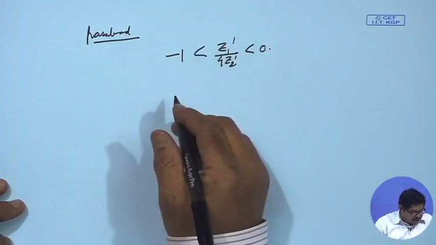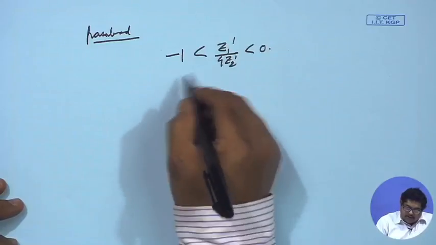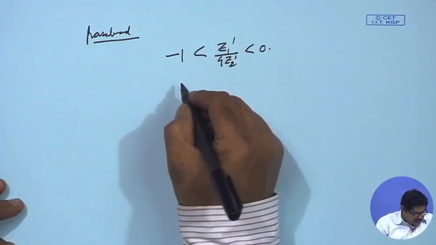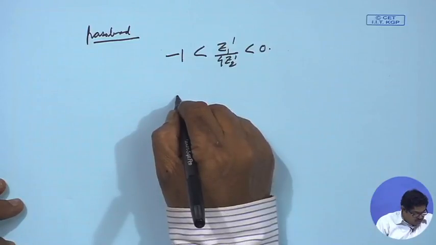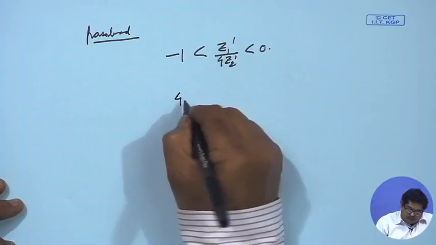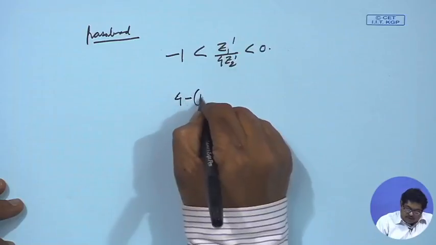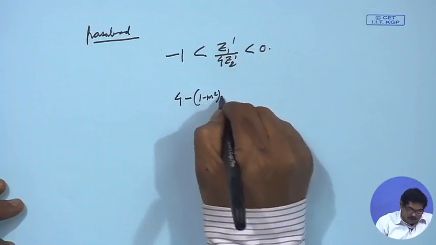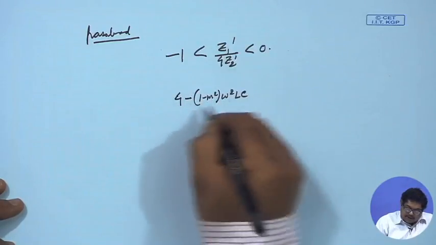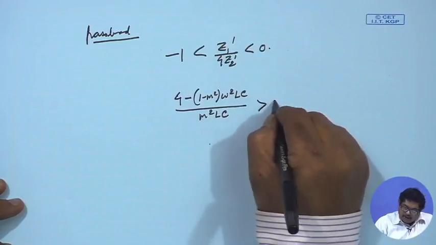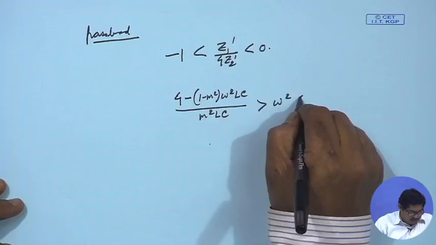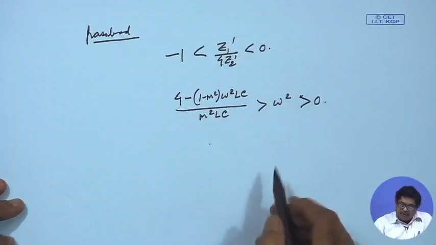If we manipulate this, we get that (4 minus (1 minus m square) omega square LC) by m square LC is greater than omega square, which is greater than 0.